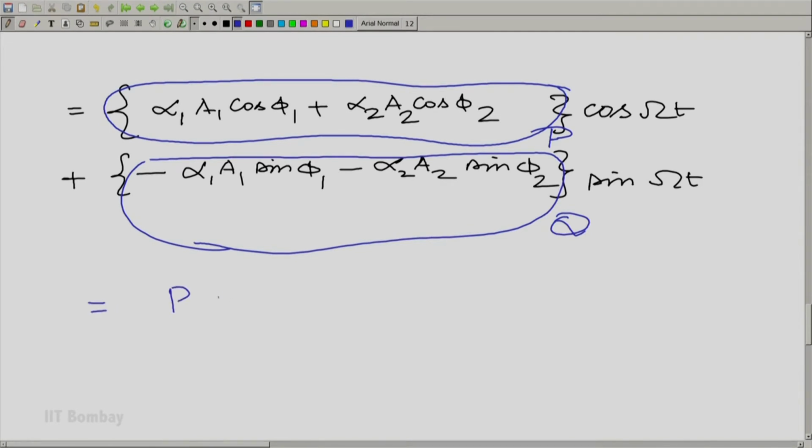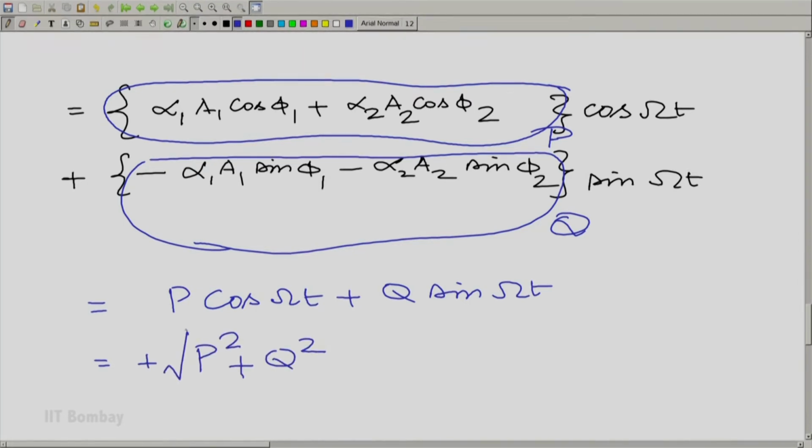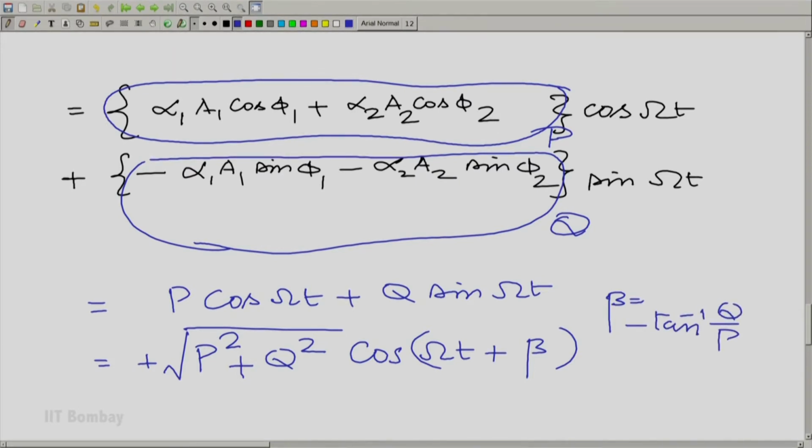So, this is P cos Ωt plus Q sin Ωt, and this is easily seen to be the positive square root of P squared plus Q squared, times cos(Ωt plus another angle, let us call it β), and β is essentially the negative of the tan inverse of Q by P. Now, the algebra is all right.